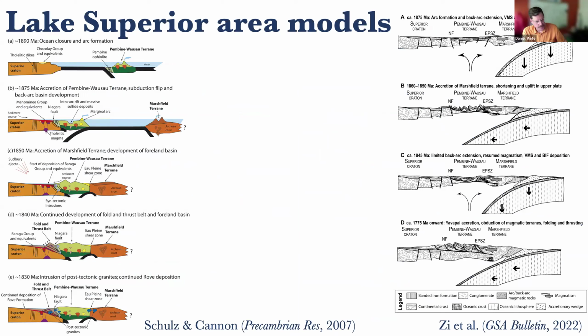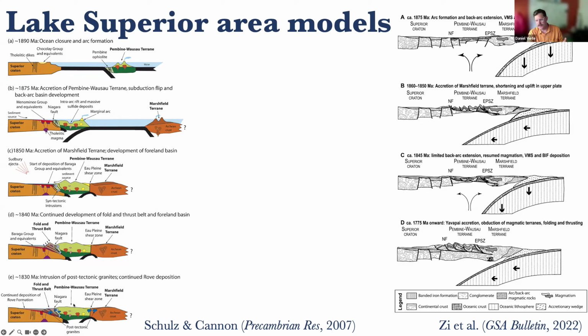I'm not going to pretend that I'm the first person who has observed this sort of episodicity. These are two models for the Penokean orogeny, one from Schulz and Cannon in 2007, and a much more recent one from Xie et al. in 2022. You can see that there are a lot of changes happening in association with different subduction zones coming and going, obduction, and the arrival of microcontinental terranes, and this drives this sort of episodic history.